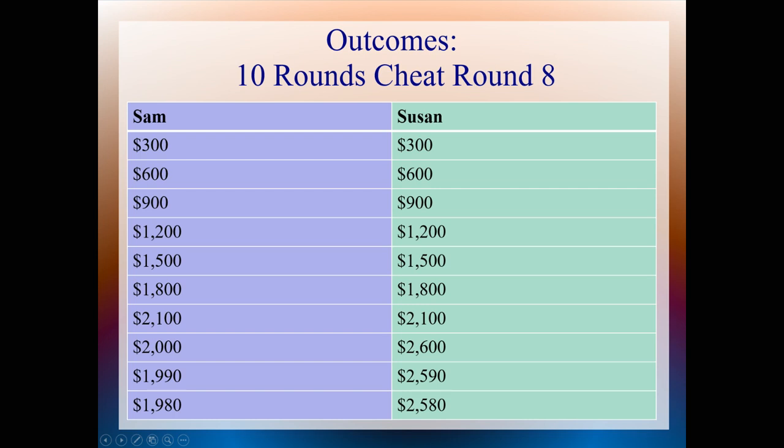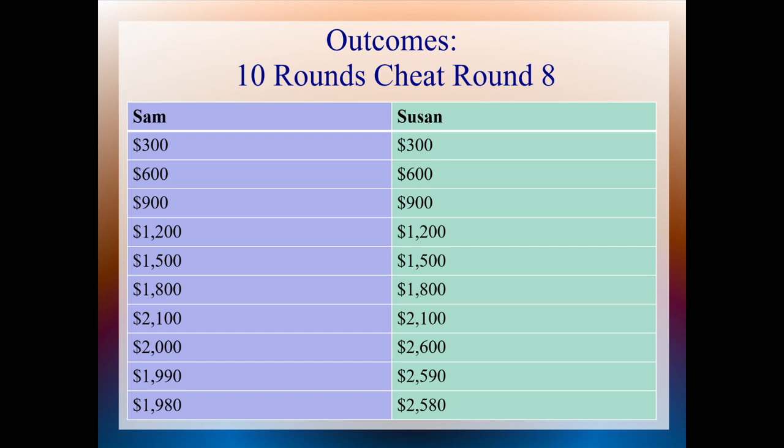They end up with 2,600, and the other person, Sam, goes to 2,000, and then they cheat each other the rest of the way through, so they're losing $10 a round, and you end up with 2,580 versus $1,980. So the rational thing to do here is to cooperate until you think you can get that cheat.